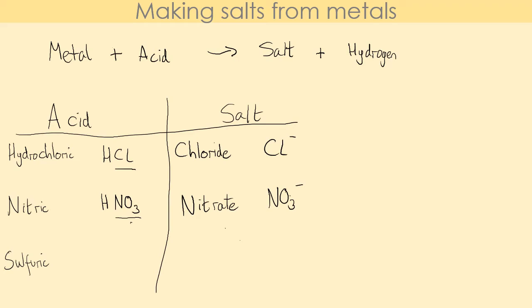For sulfuric acid, we have our formula H2SO4. Again, we need to look for the negative ion, which is our SO4. Our charge on an SO4 ion is 2-. All of our sulfuric acids will form sulfate salts.